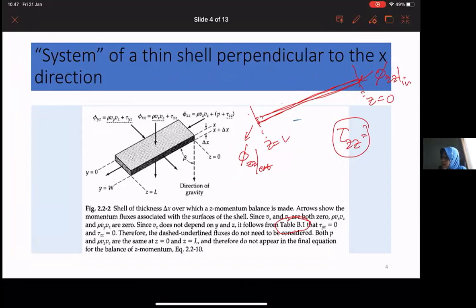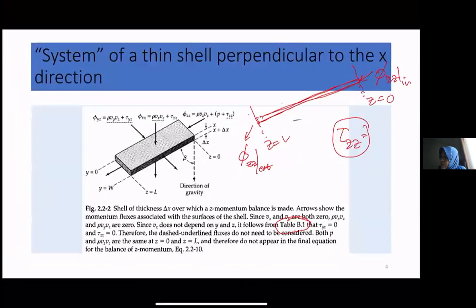So the formula is tau zz is equal to minus mu 2 dou phi z divided by dou z. Okay, so what do you think? Is it similar or not? Do we have dou phi z over dz?